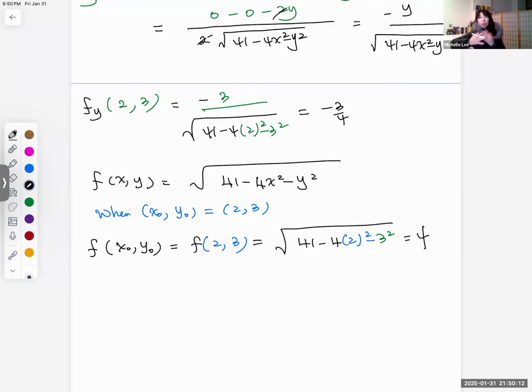Okay, so for linear approximation, what we did earlier, the equation of a tangent plane, is the same.